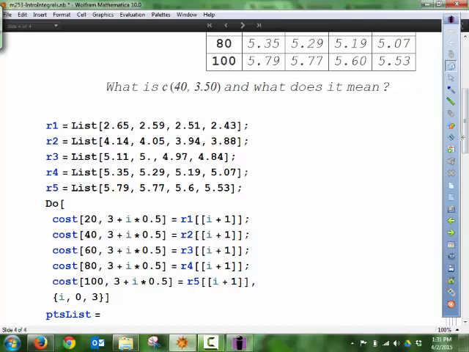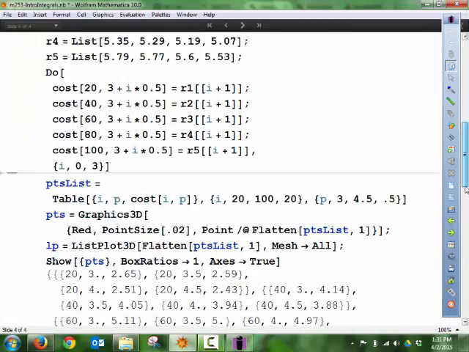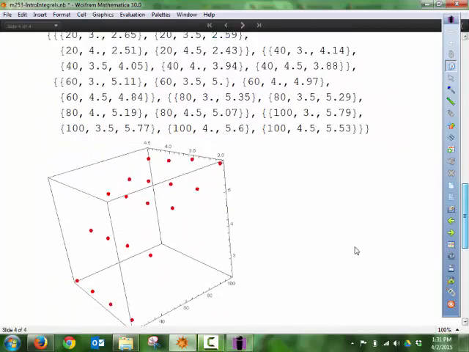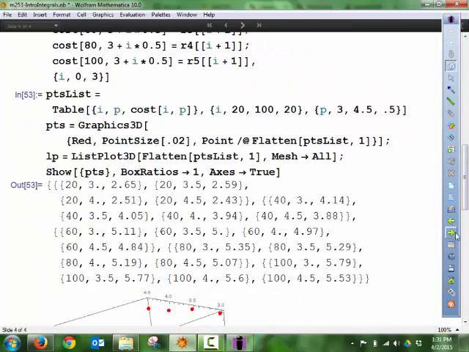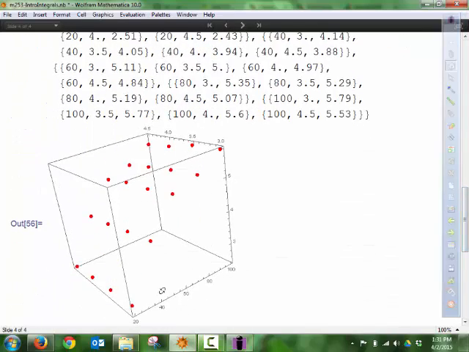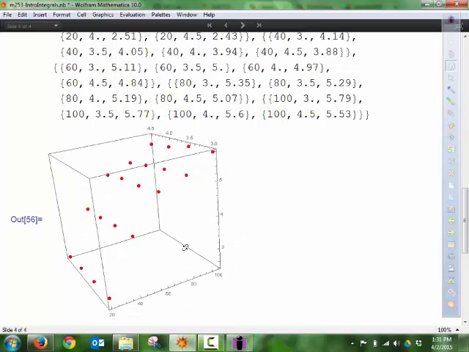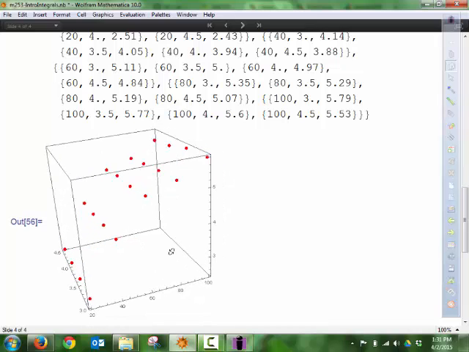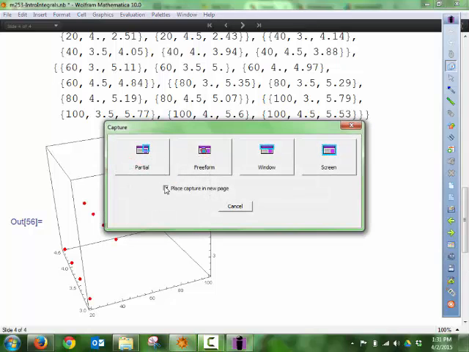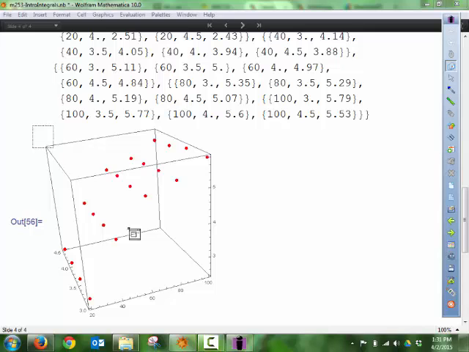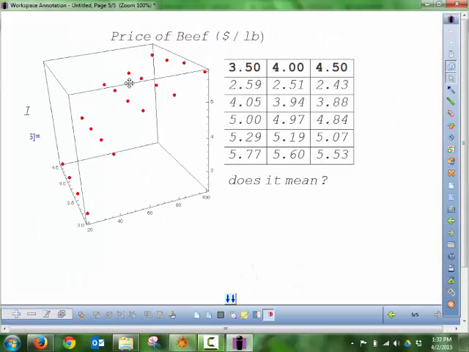All right, so what's all this stuff? So I guess this is the visual representation of those values that you have, given a certain amount of income and the price of the beef.